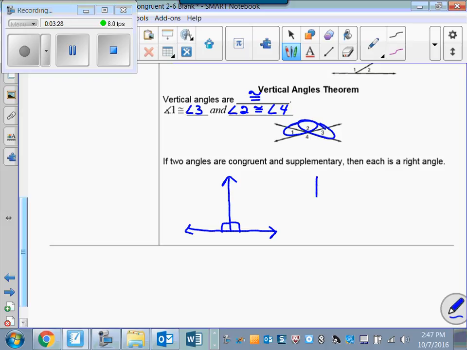I could have this angle being a right angle, and I could have this angle being a right angle. They're congruent, they're supplementary, but given that, they both have to be right angles. You cannot have angles that are congruent and supplementary unless they're both right angles.